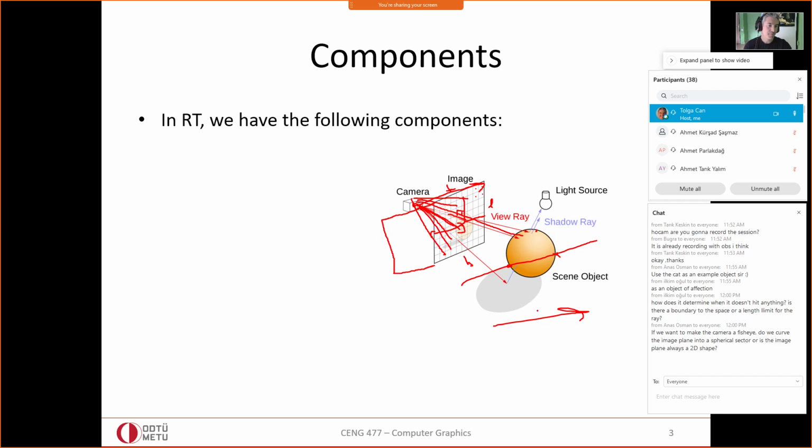After going over all of the objects, if your ray doesn't intersect with any of the objects in your scene, it means that it doesn't intersect with anything, and you can assign the background color to that pixel. There are no boundaries. We will not have boundary space. You can also have a bounding box, and that bounding box will not actually be different than another object in your scene.